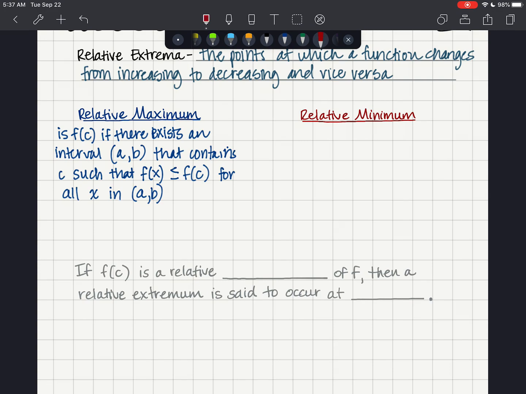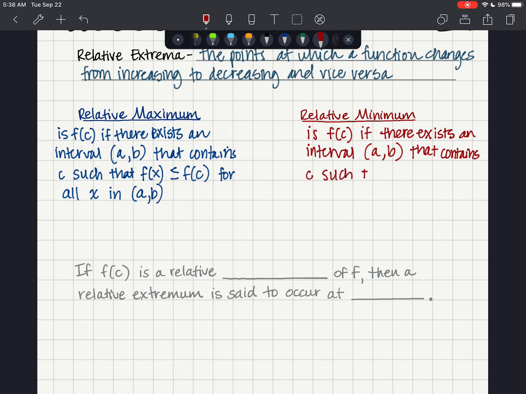A relative minimum is going to be called f of c if there exists again an interval from a to b that again contains c, such that all of the outputs f of x are greater than or equal to f of c.